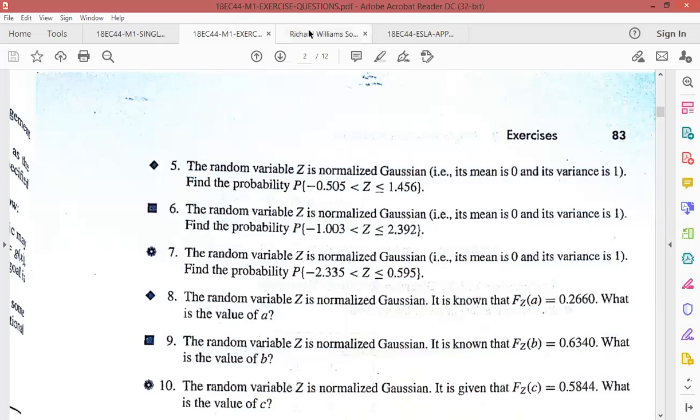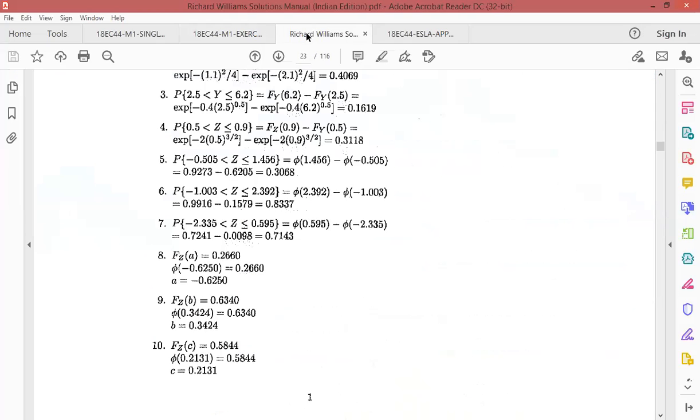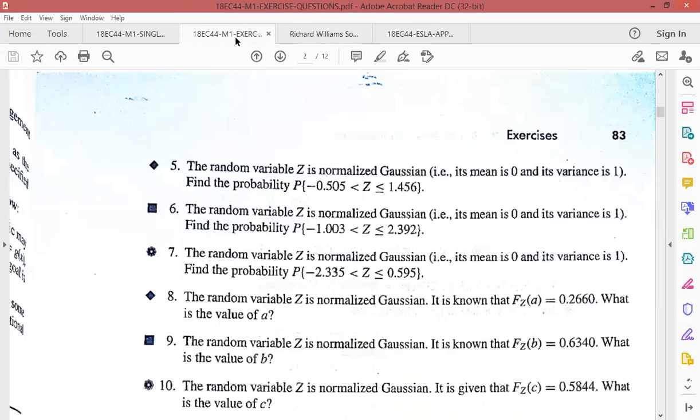Yes. So since it is mentioned it is a Gaussian, here it is nothing but a problem related to the Gaussian distribution. So as I told, for the Gaussian distribution, we need to tabulate the values from the table. So here I'll just open the notebook so that we can solve it.